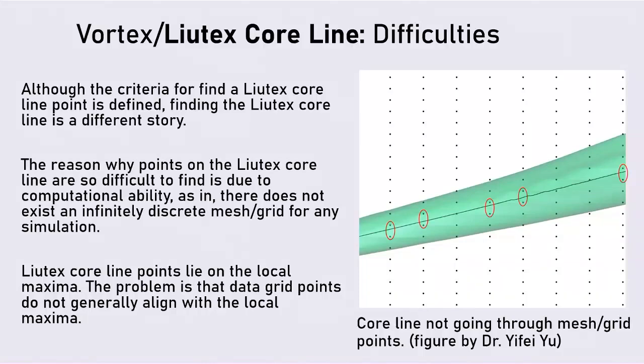We could see this figure, which you probably saw earlier in Dr. Yu's presentation, where the green is the ISO surface of the vortex, and then those points are the grid points. So those are my nodes. And you can see that the core line, which is that black line that goes through the center of that structure, doesn't intersect or even touch some of the points. And those are the points that we check when we're going through the data. We go, that node, does this satisfy?